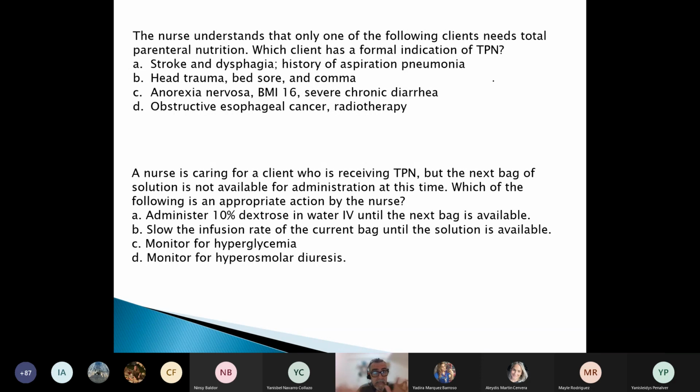So have in mind all the possibilities, because you have already studied all those situations and you know what happens in diabetic clients, but it's going to depend on the type of diabetes, or if they are not diabetic, just hyperglycemic. Understood? Okay.